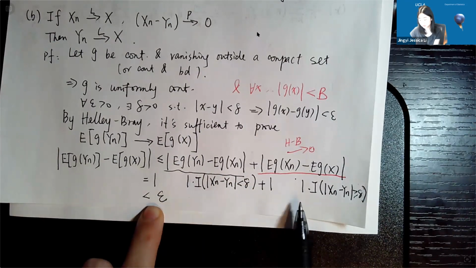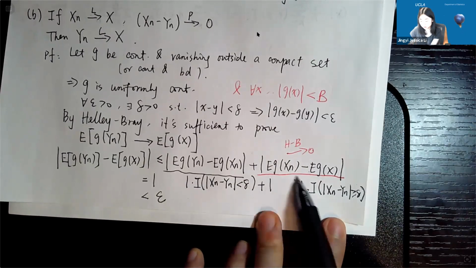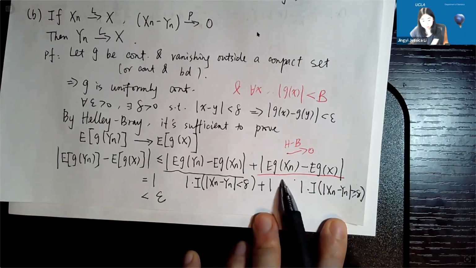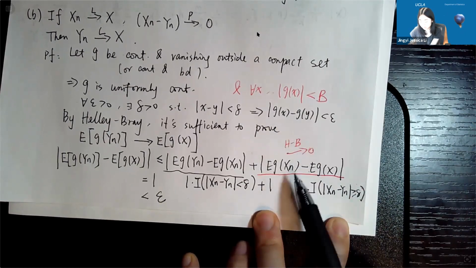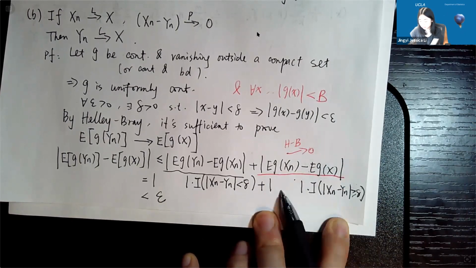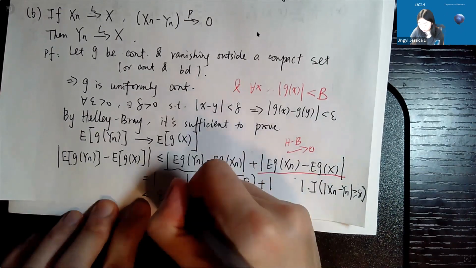That's it. And on the other hand, this is an indicator, but for this part, I can always bound it by 2b, right? So this is a b for each one. G(Xn) is less than b, G(Yn) is less than b, absolute value. So the second term can be written as 2b.